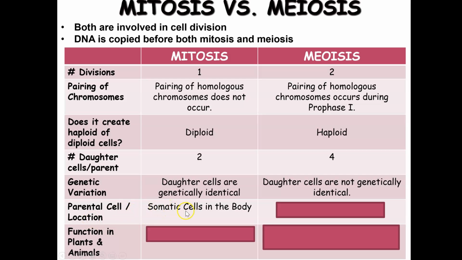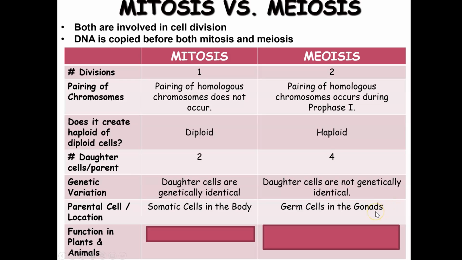Mitosis basically occurs in somatic cells in the body. So all the body cells are regular cells. And in meiosis, the division occurs in the germ cells, which are in the gonads.